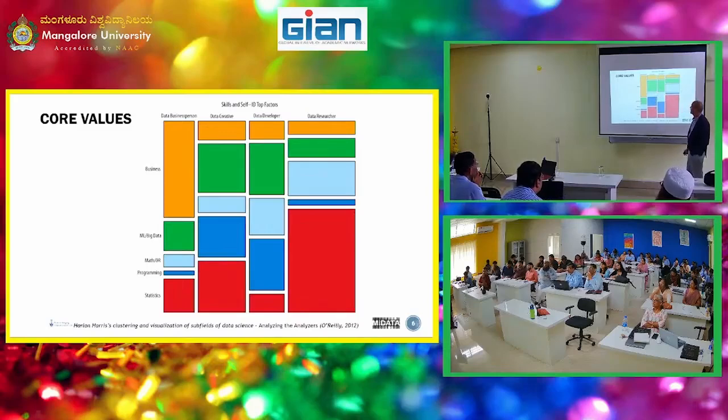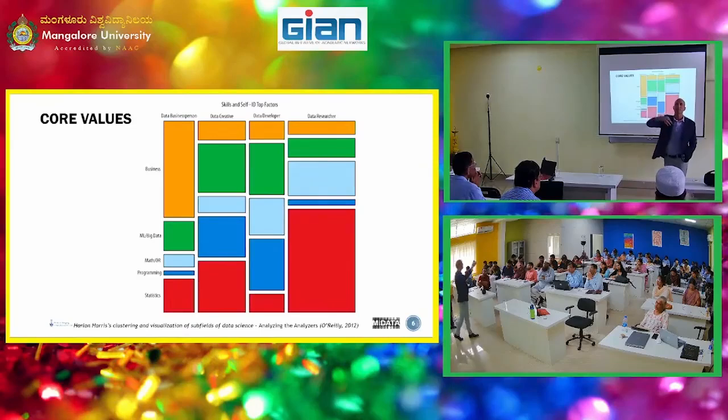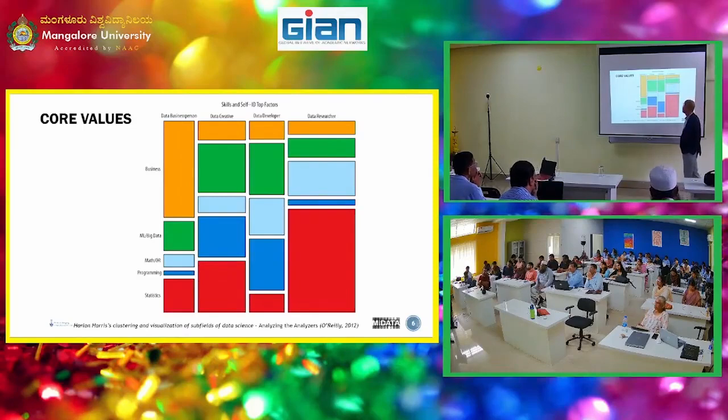The data developer is going to have a big chunk of programming, less statistics, lots of machine learning, and less business. And the data researcher is going to have a lot of statistics. You need to understand exactly what we're talking about to understand the data. Very little programming, math of course, and very little machine learning.